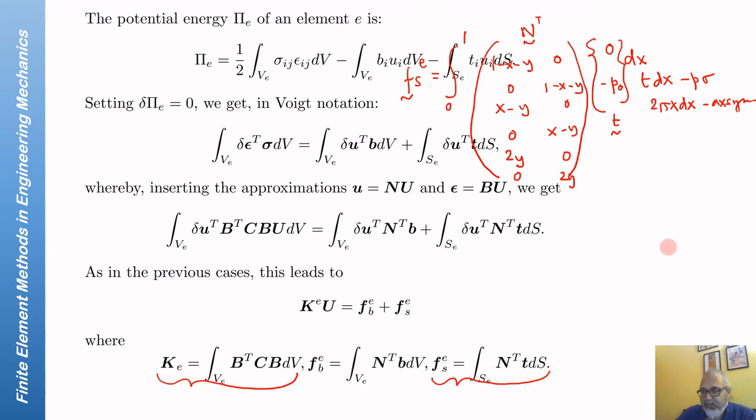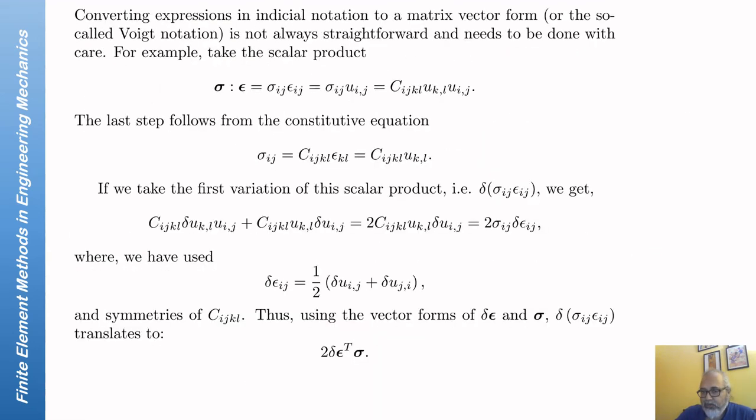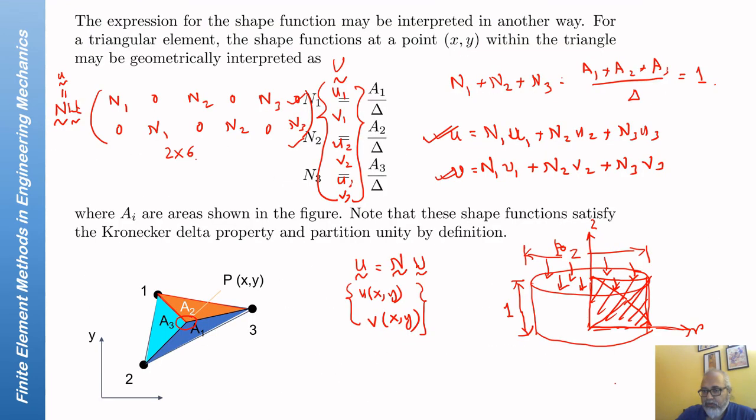For axisymmetric, what we have is the load applied over this whole thing. So this load is at a distance x, so 2 pi x times dx would be the area on which this elemental load is applied.